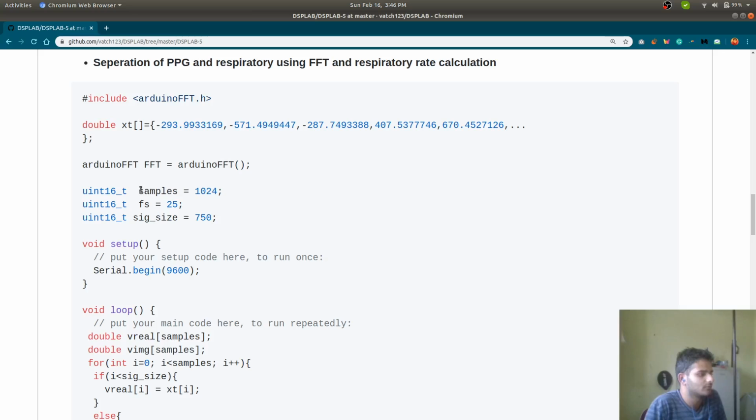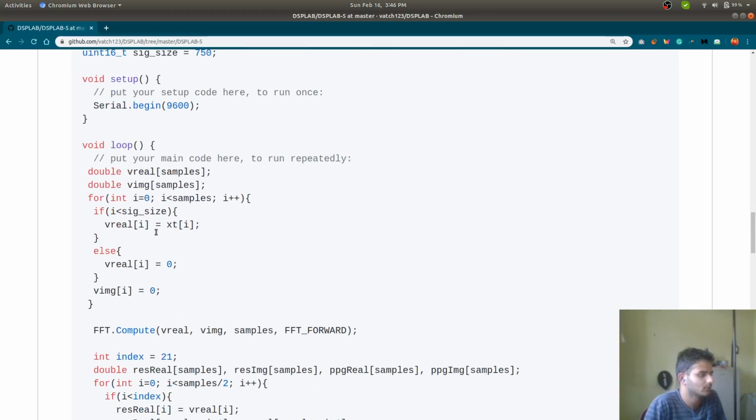This should always be a power of 2, because FFT needs a signal in powers of 2 such that we can keep on decomposing it by a factor of 2. Fs is the sampling rate, and size is the number of samples we had originally in our signal. Coming to the loop, here we define vReal and vImag. vReal is the real part of our input signal, and vImag is the imaginary part of our input.